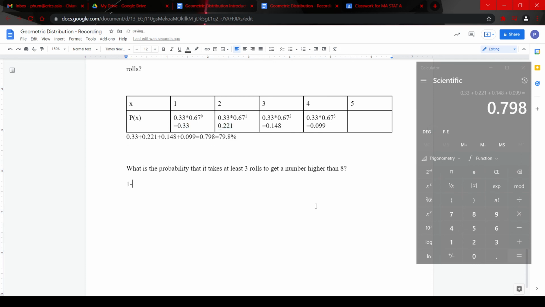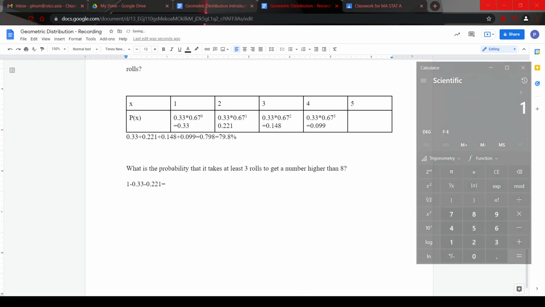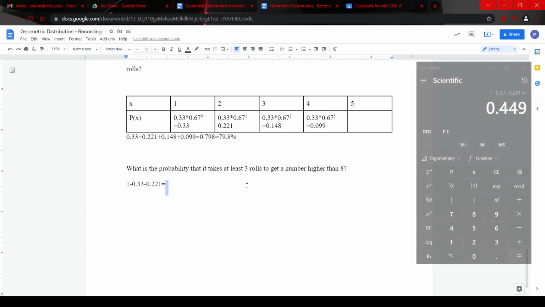So 1 minus 0.33 minus 0.221, which gives us 0.449, or about 44.9%. So the probability that it will take at least 3 rolls to get a number higher than 8 is about 45%, a little bit less than half.